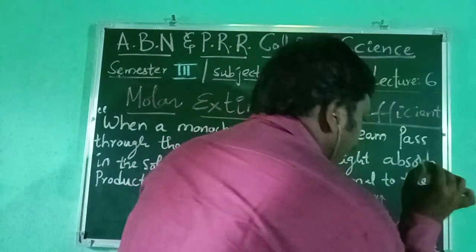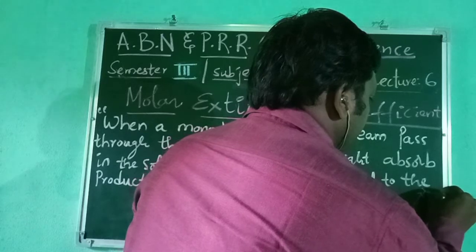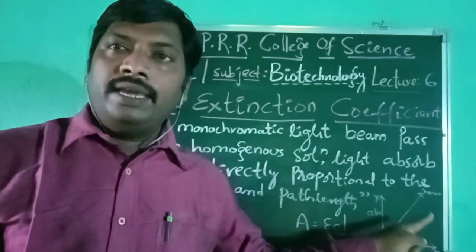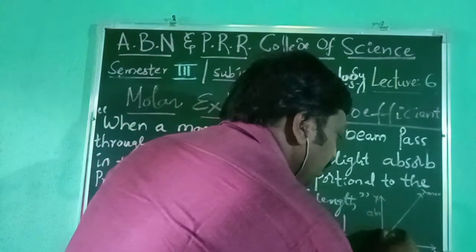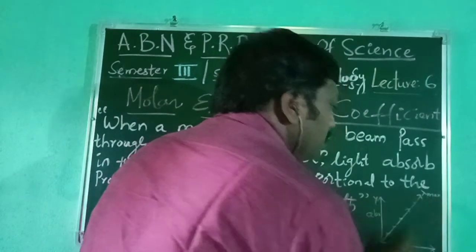A graph is obtained at the lambda maximum, where we take the concentration of the solution.